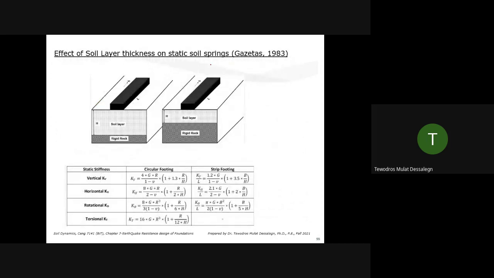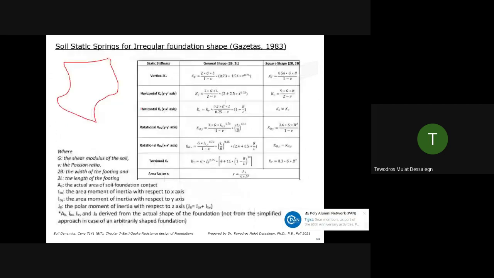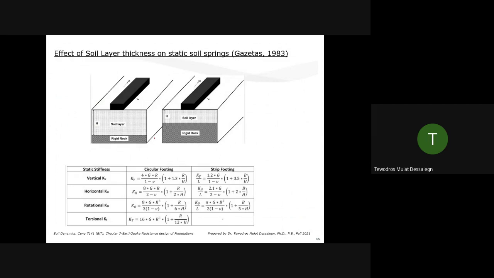Gazetas also provided relations for when there is rock at shallow depth. Previous relations assumed it's all soil, but if you have rock at shallow or deeper depths, there is a correction factor for that. Assume H is the depth of bedrock, then there is a correction for the soil springs.